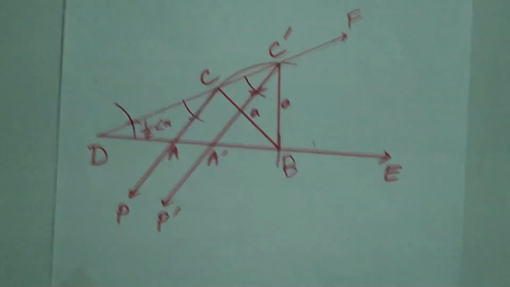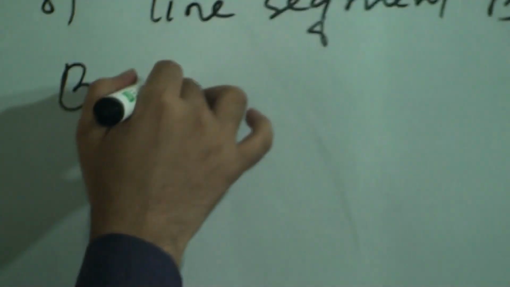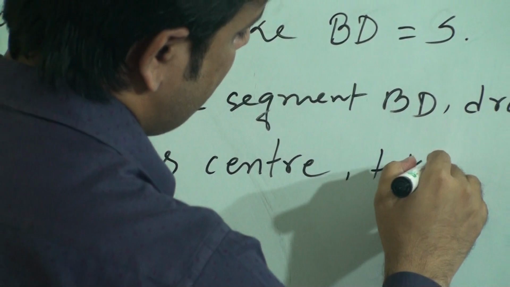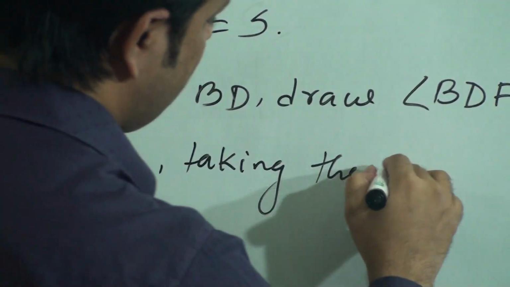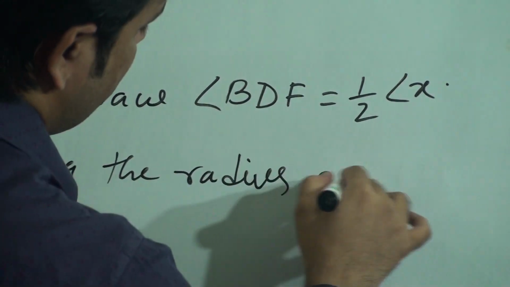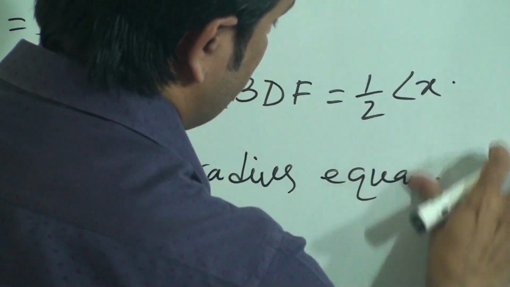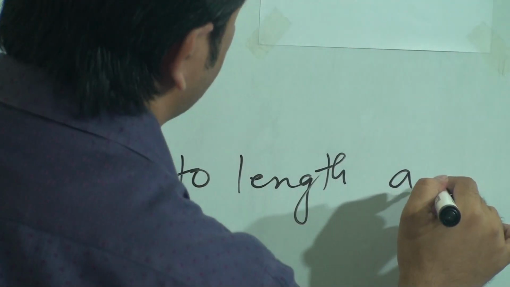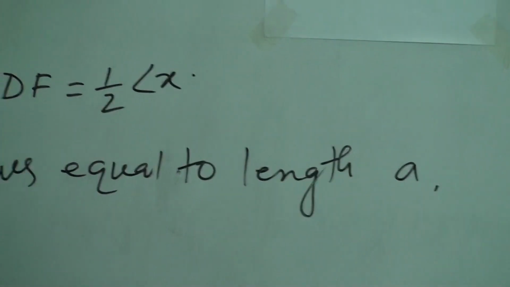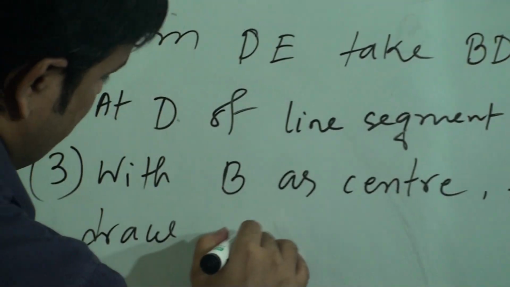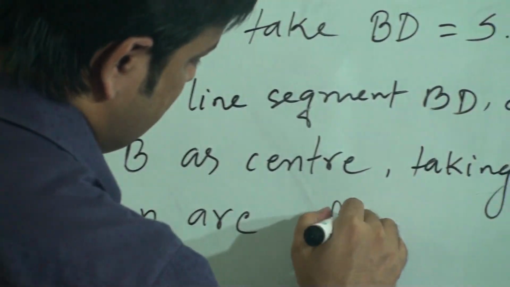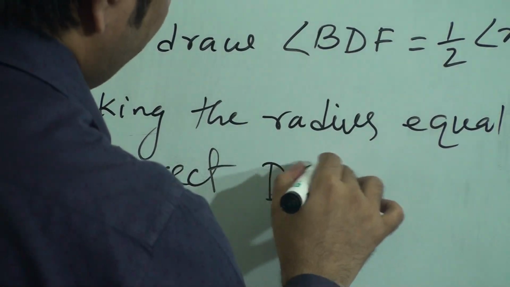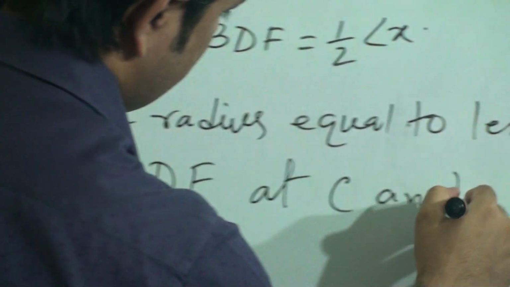So we can write: with B as center, taking the radius equal to length A, draw an arc which intersects DF at C and C prime.